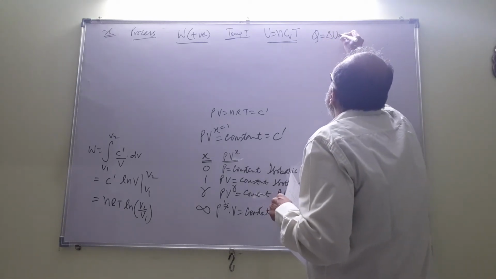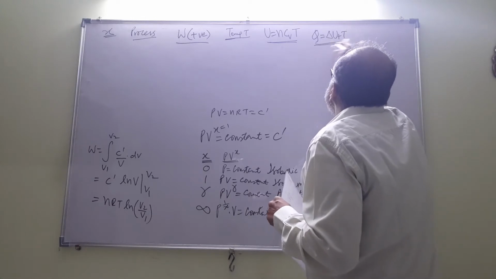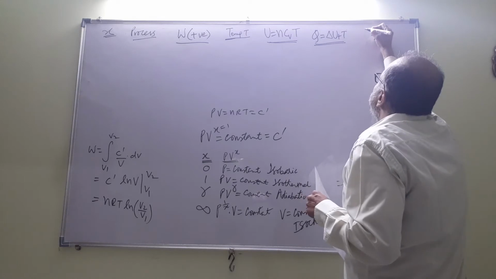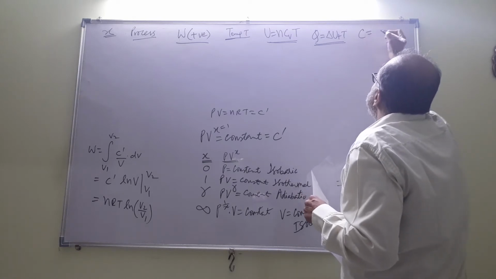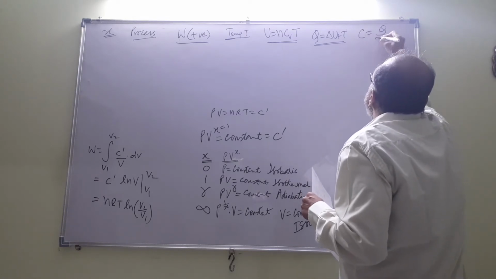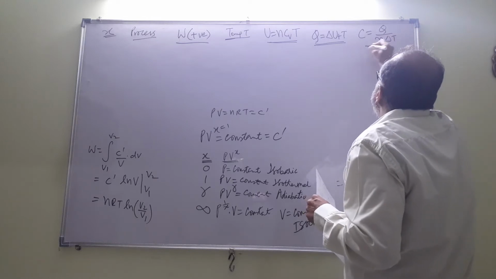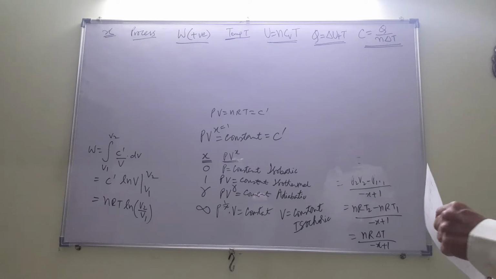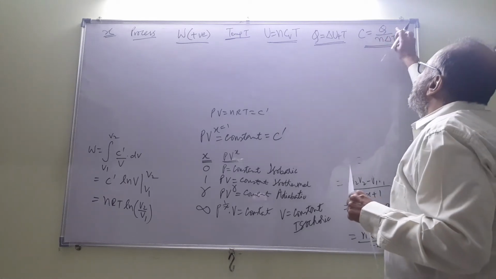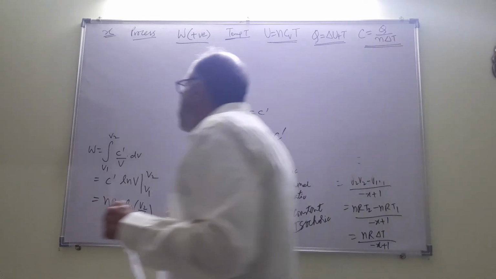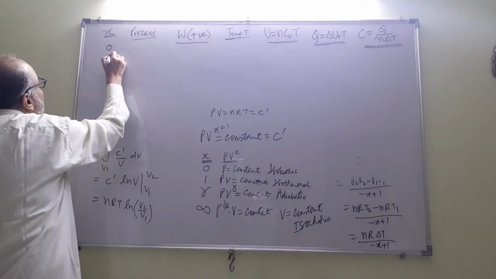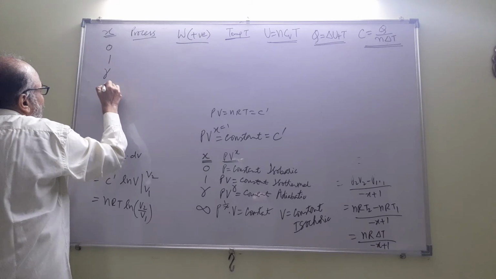Q is equal to delta U plus W. Then we would like to see what the molar specific heat C is, which is nothing but Q by n delta T. So let us do this starting from 0, 1, gamma and infinity.